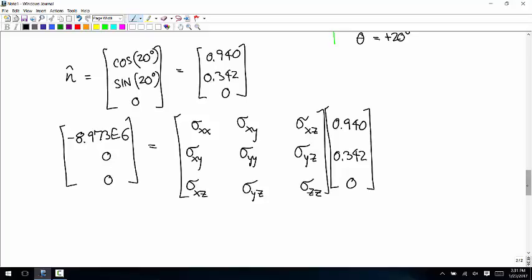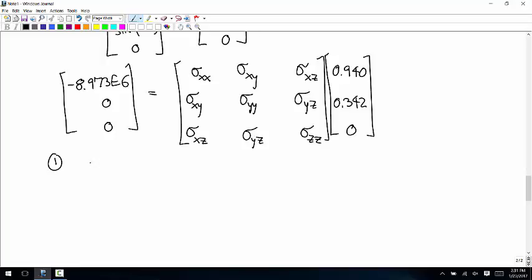And this gives three equations. The first one says negative 8.973 times 10 to the 6 is equal to 0.940 sigma xx plus 0.342 sigma xy.